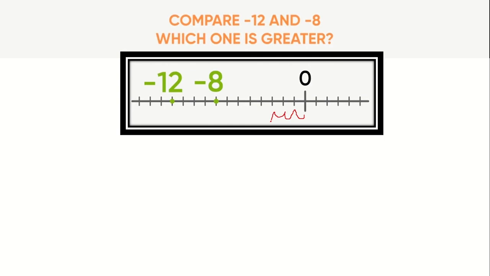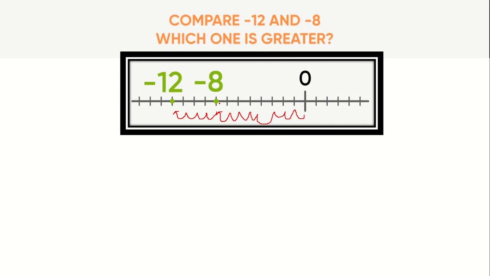It's 1, 2, 3, 4, 5, 6, 7, 8. So this is now the location of negative 8. As we continue, negative 9, negative 10, negative 11, negative 12. So here, you can still consider the concept, the more it's on the right, the greater the value is. So we can easily say that negative 8 is greater compared to negative 12.